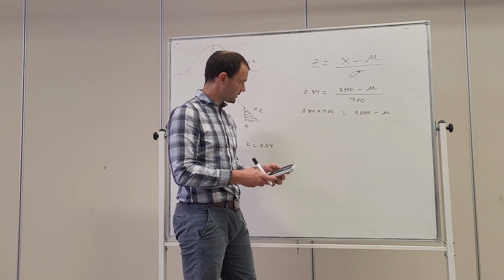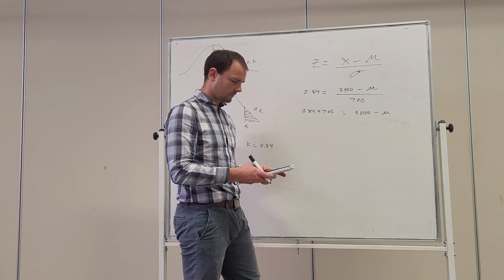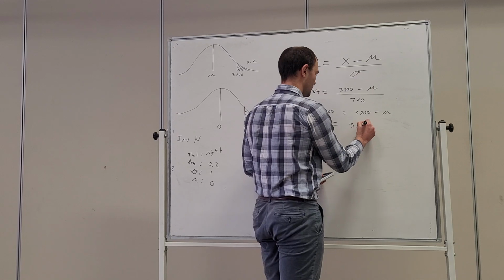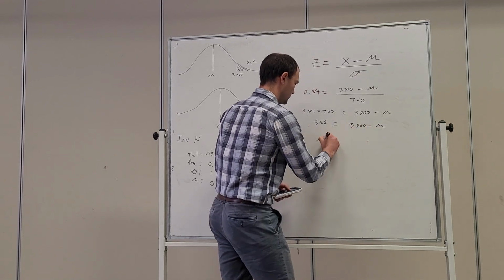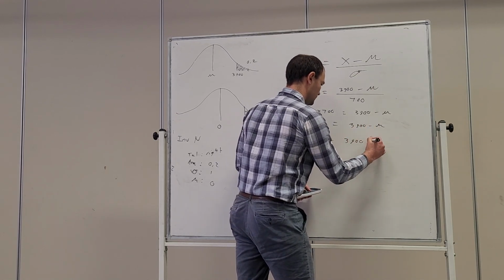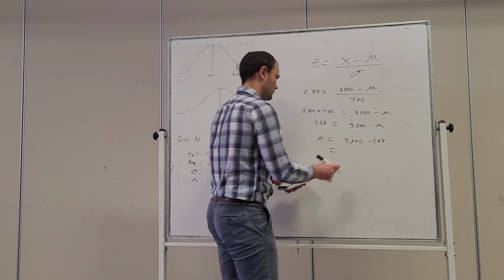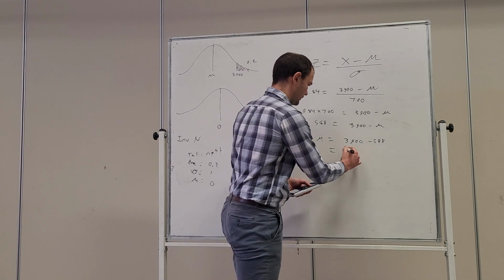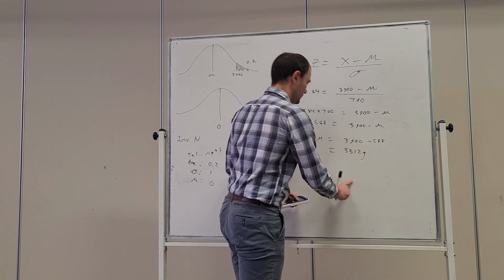So I'll just perform first 0.84 times 700. We've got 588. So the mean is 3,312 grams.